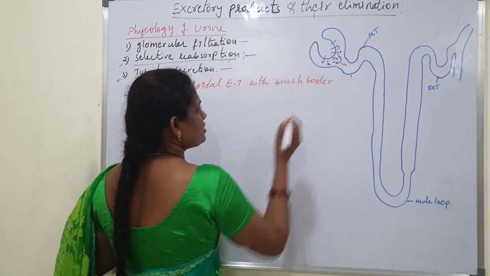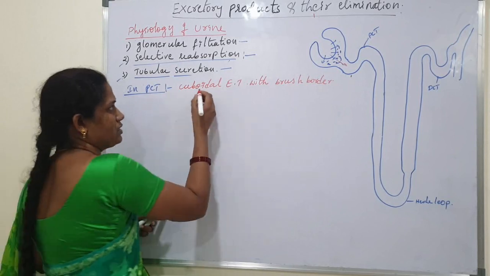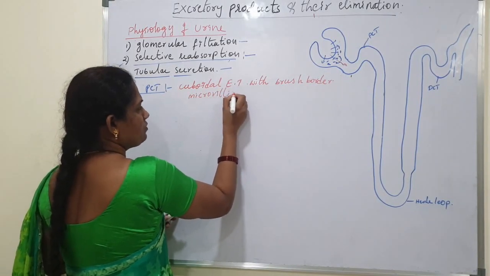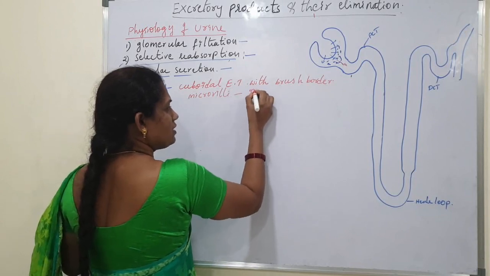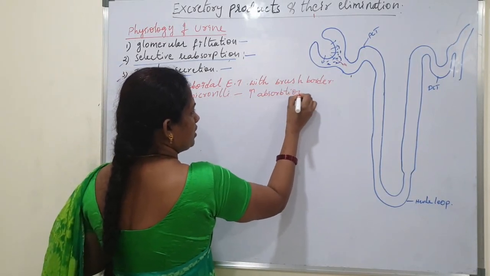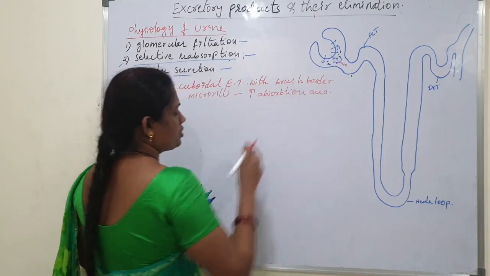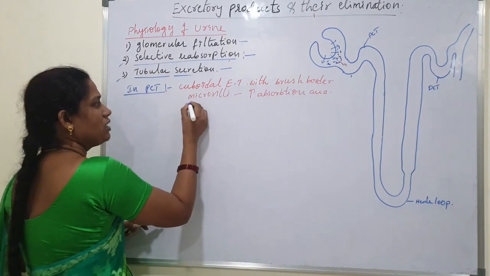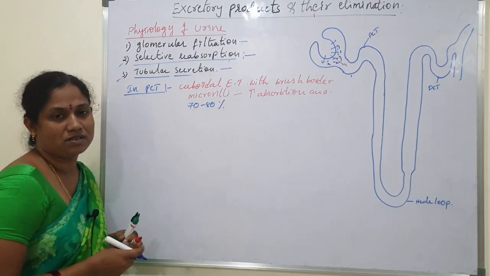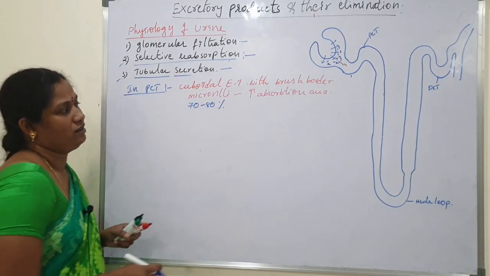Brush border means they have many microvilli, which increase the absorption area. That's why nearly 70 to 80% of substances are reabsorbed.